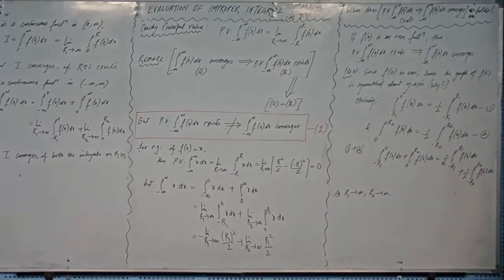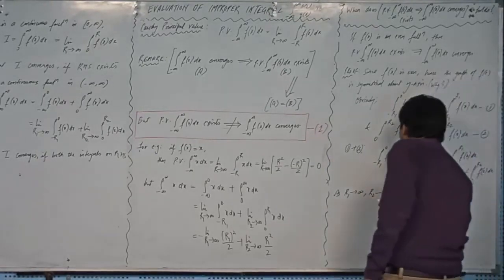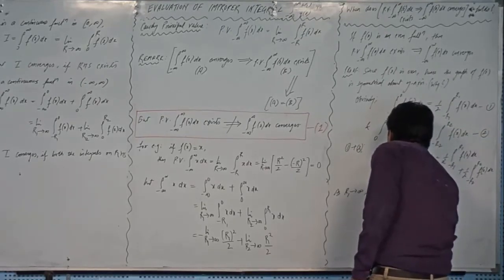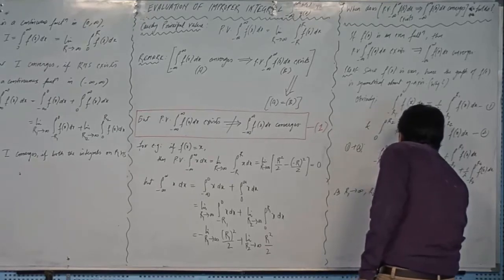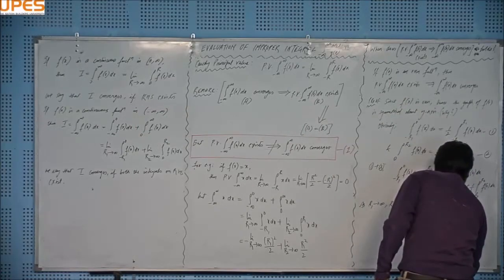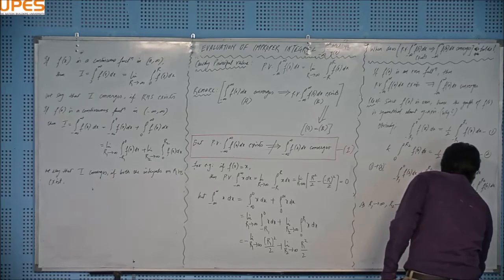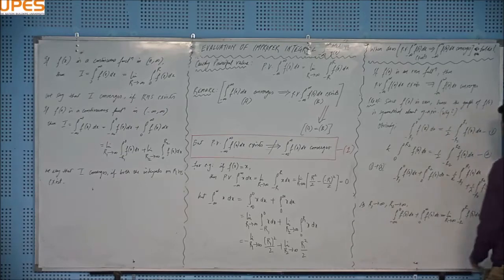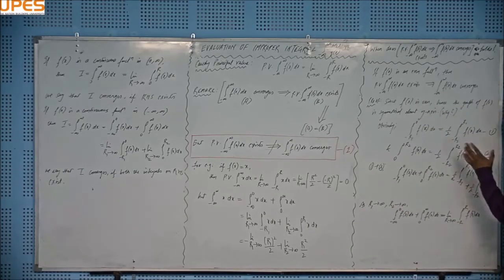Then I will get minus infinity to 0 f(x) dx plus 0 to infinity f(x) equal to limit r tends to infinity minus r to r f(x) dx. You can see that since r1 and r2 both tend to infinity, they can be treated as r with the limit approaching infinity, so the right hand side can be written this way.